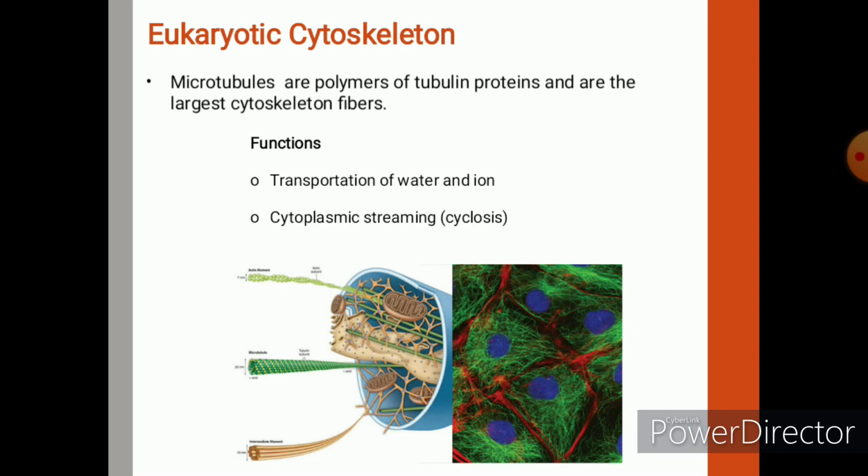These microtubules help in cytoplasmic streaming or cyclosis. Cytoplasmic streaming means the movements which are shown by cytoplasm. About cyclosis or cytoplasmic streaming we will see later. And these microtubules also help in transportation of water and ions.